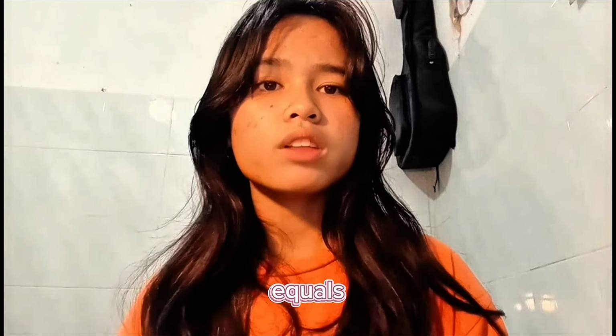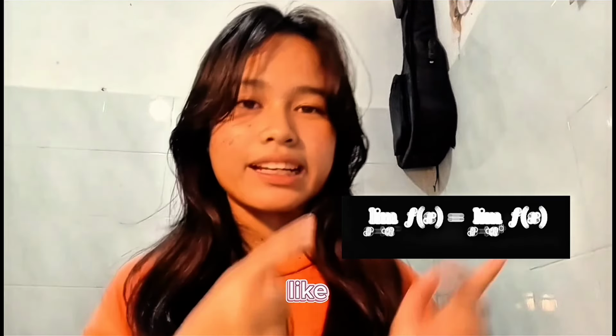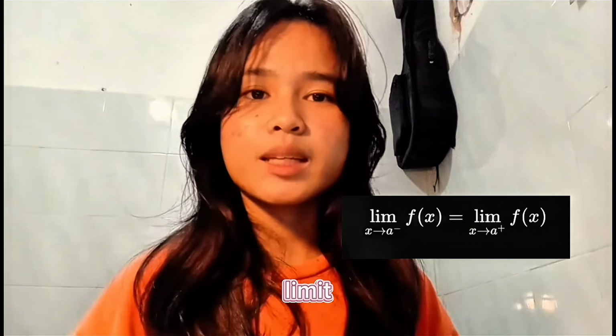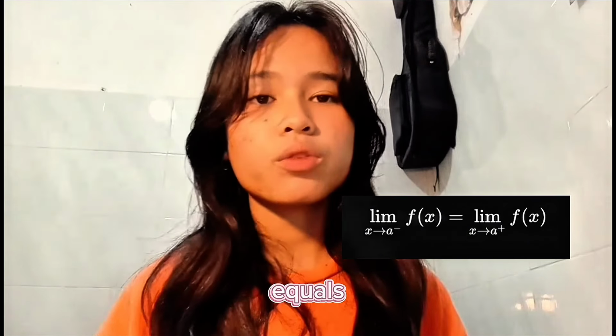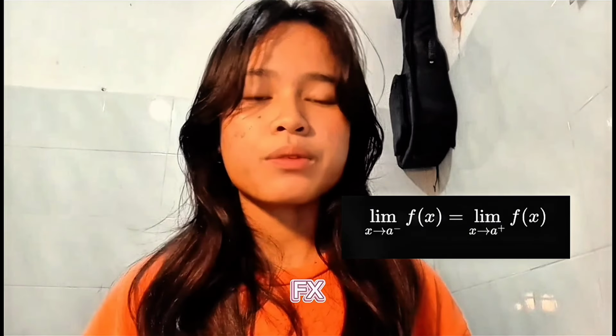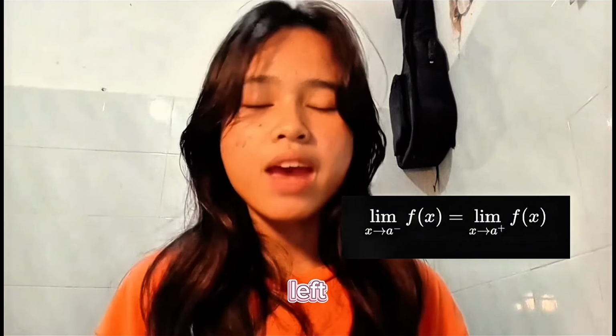This means the function's value at that point equals the limit value as x approaches that point. For example, like this. This is the limit of f(x) when x approaches 1 from the right hand side equals the limit of f(x) when x approaches 1 from the left hand side.